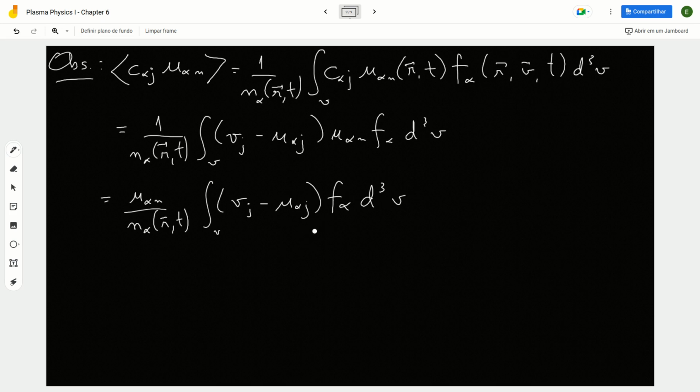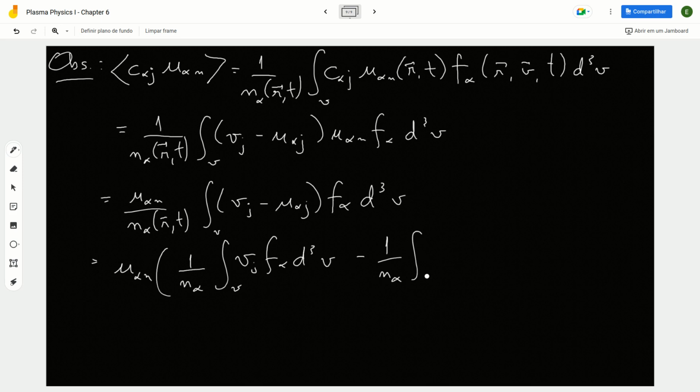What now? Let me just split this integral into two parts. So this is u alpha n times 1 over n alpha, the integral of vj f alpha d3v, minus 1 over n alpha, the integral of u alpha j f alpha d3v.